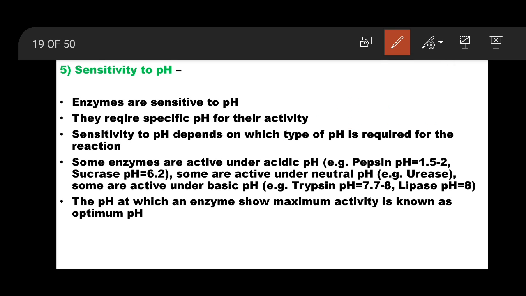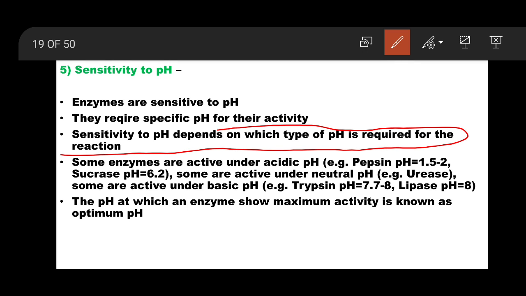Sensitivity to pH depends on which type of pH is required for the reaction. Suppose a reaction requires pH 7, so it will be more active at pH 7. If pH decreases, the activity will decrease.